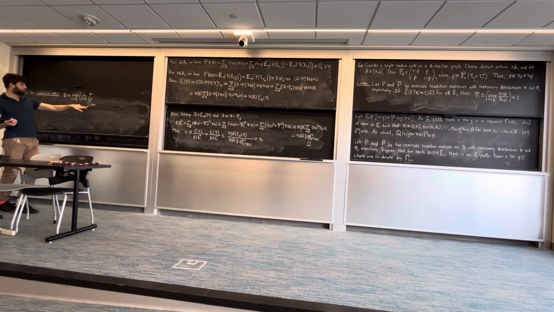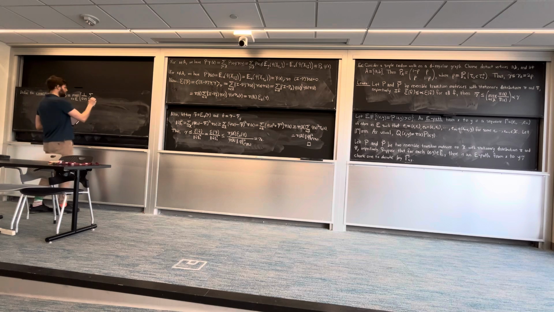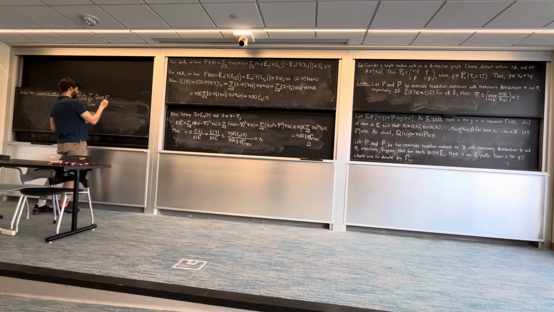And I want to sum over x, y such that gamma x, y includes this edge E of q tilde of x, y, and then the number of edges in gamma x, y.